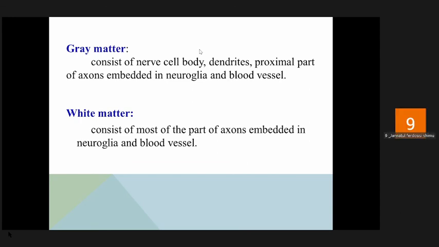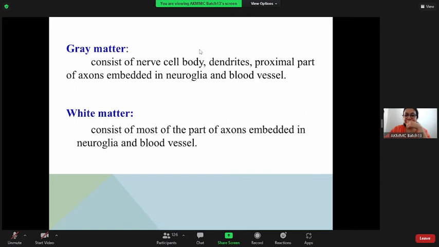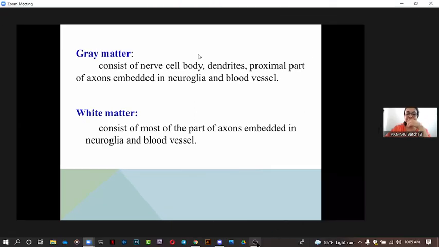Roll 9, present. Roll 10, present, ma'am. 11, present, ma'am.